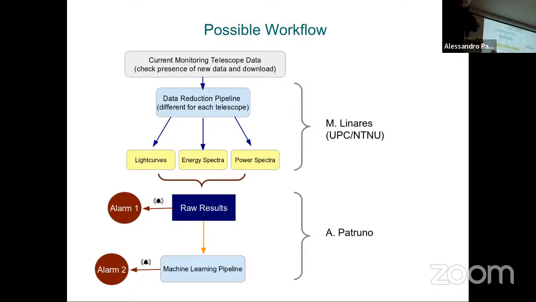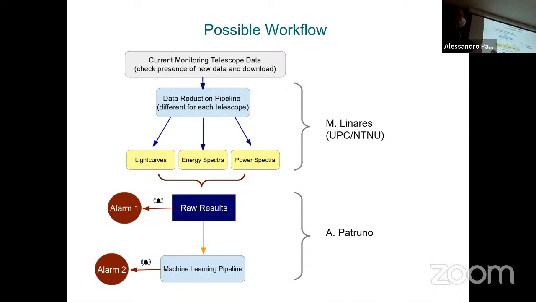Today, there are several monitoring telescope data, like Swift BAT, MAXI, and so on. So the idea would be that we can, for example, already create a reduction pipeline for this type of instruments to test how they perform. This data reduction pipeline will be different, of course, for each telescope, because each telescope needs specific corrections and pre-processing.